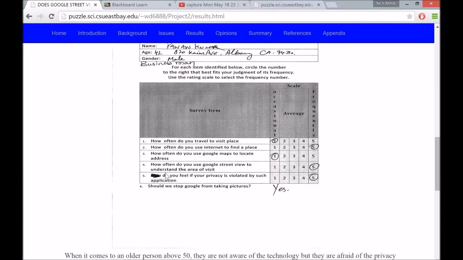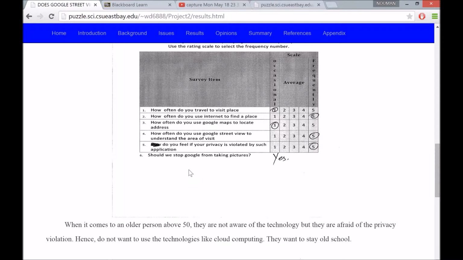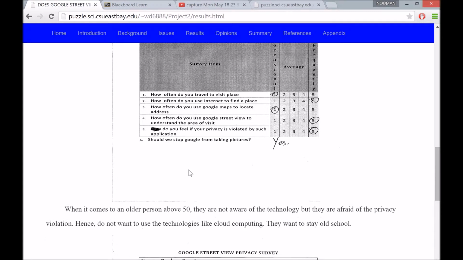Whenever he's visiting a new place, he has to look at it and make sure it is the right place. So he was conscious about the privacy issues, and he suggested that we should find a way to stop Google from violating this privacy.